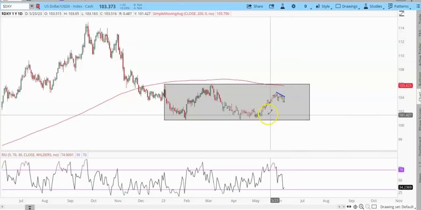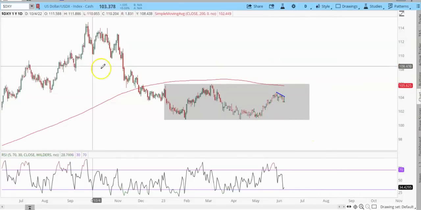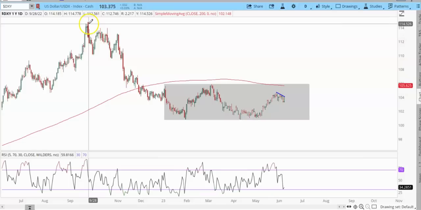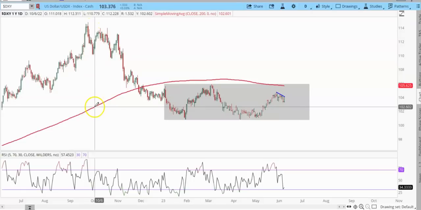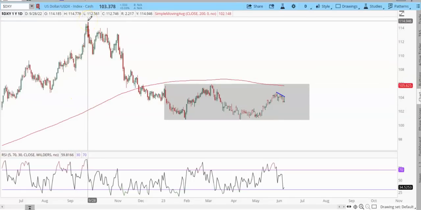And then ultimately, I think the price is going to break down out of the box, not higher out of the box, because I think this is a 3-year cycle top. Price was stretched extremely far above not only the 200-day moving average, but the 200-week moving average. It almost started to look like a parabolic bubble at that top.